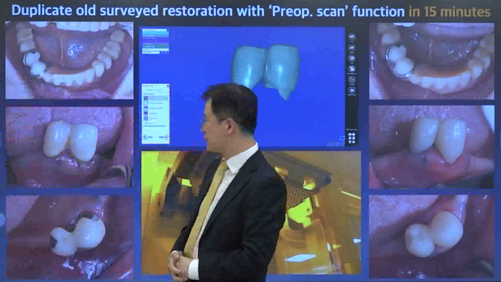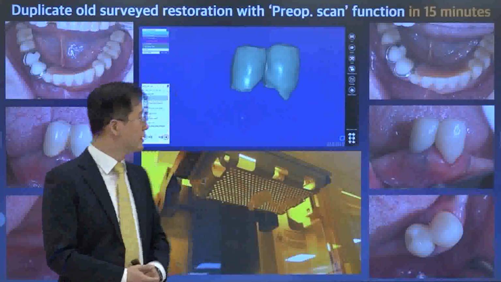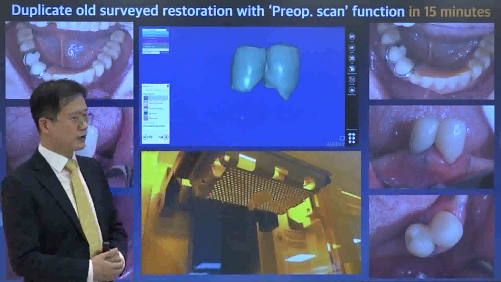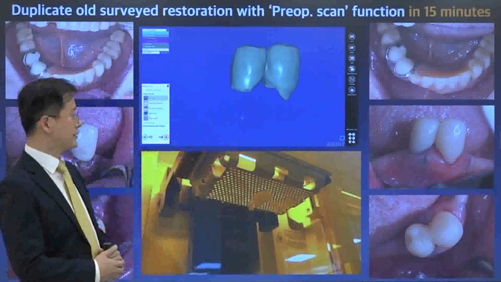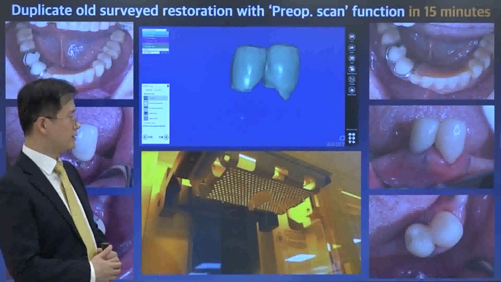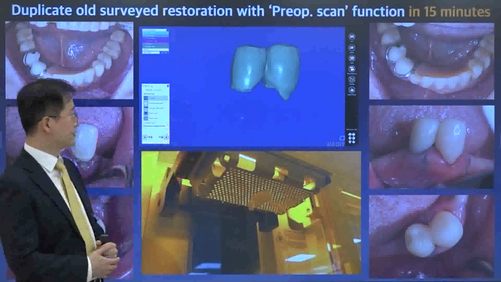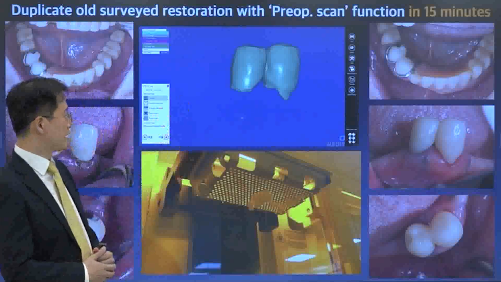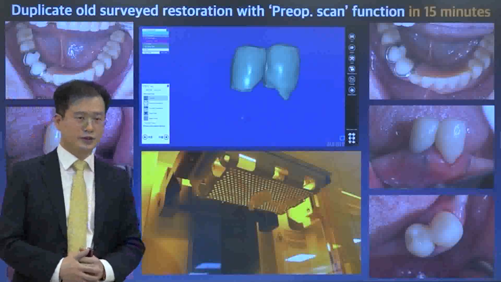So I removed the restoration, made a preparation on that abutment tooth, and scanned the data a second time. After that, I designed the provisional restoration in the CAD software, and I printed it out with a rapid machine.